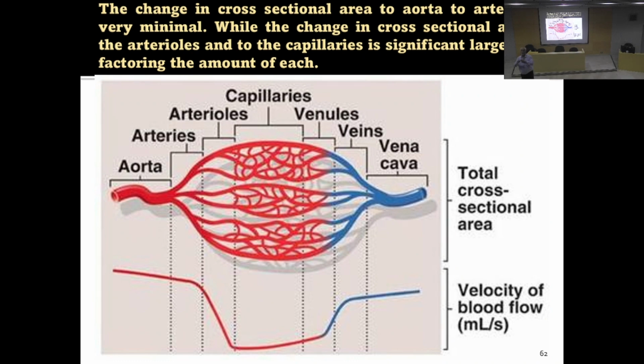And when the cross-sectional area is big, the velocity is low. So in capillaries, velocity is lower compared to the arteries and arterioles.